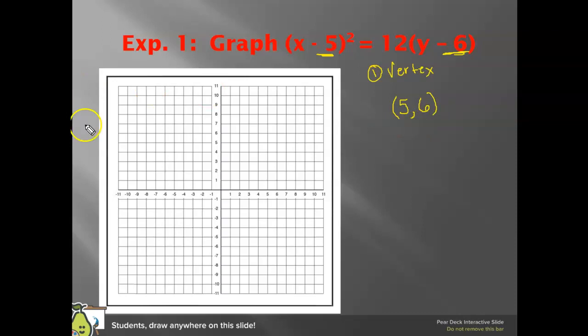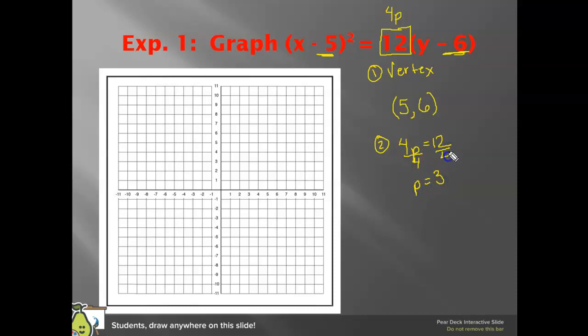The next thing that I need to figure out is, what is my p equal to? I want to find p. These are the important things. What we want to remember is this coefficient number up here is not p. It's 4p. So 4p is equal to 12. That means that p must be equal to 3.